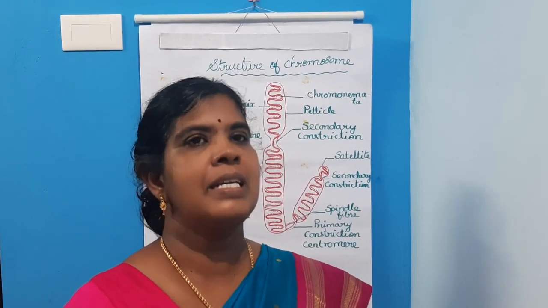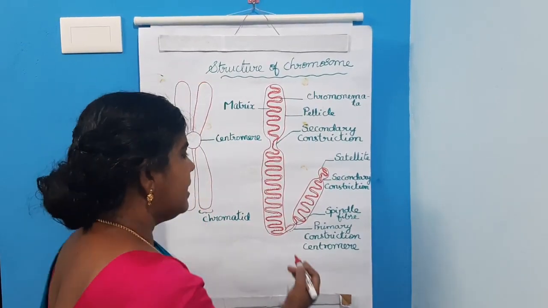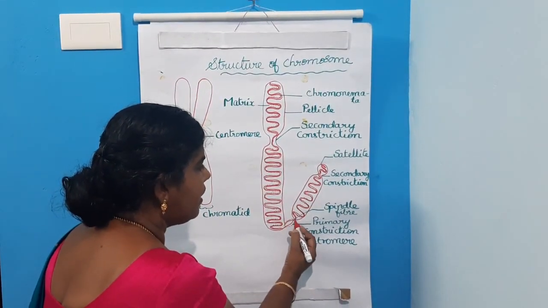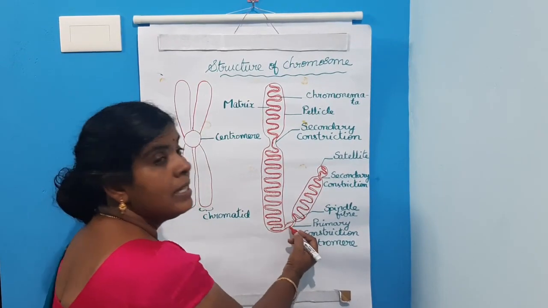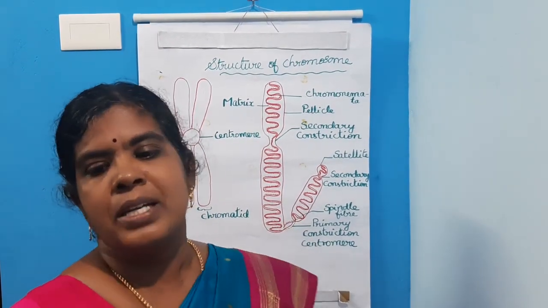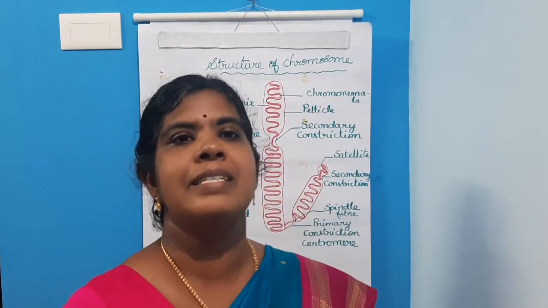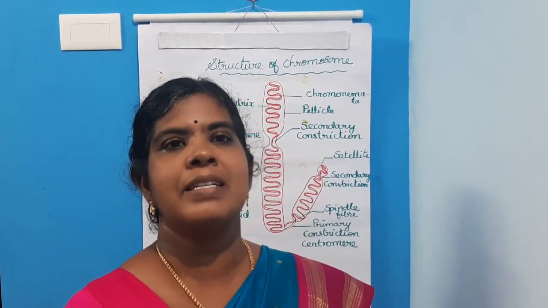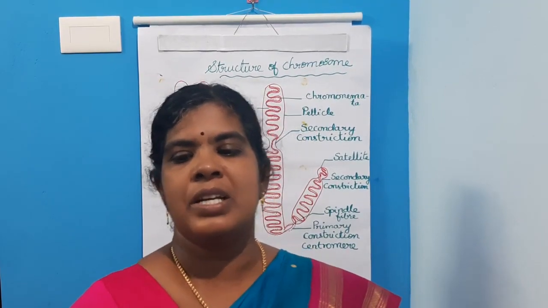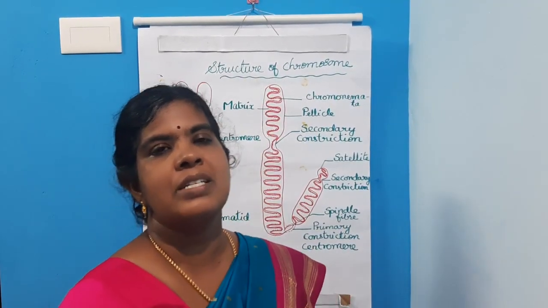The centromere is the region where spindle fibers attach during cell division. Next, secondary constriction.